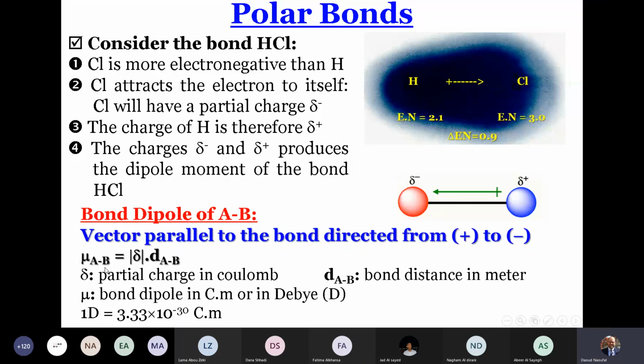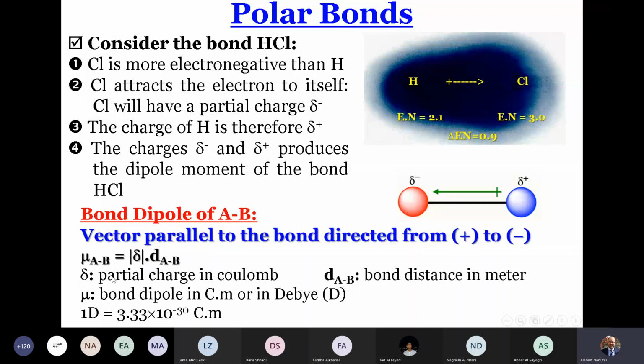Mu AB by definition is equal to the absolute value of the charge, delta minus is equal to delta plus in absolute value. So it's equal to the absolute value of delta, which is the partial charge, times the distance between the two atoms. So mu AB equals absolute value of delta times dAB. Mu AB is the bond dipole of the bond AB.